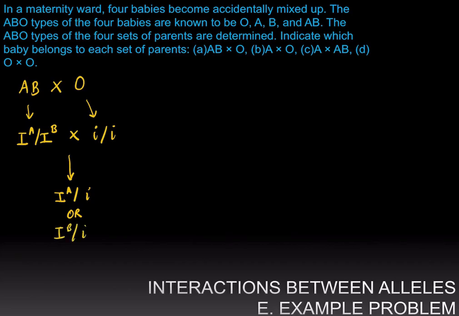IA over i will be blood group A and IB over i will be blood group B.